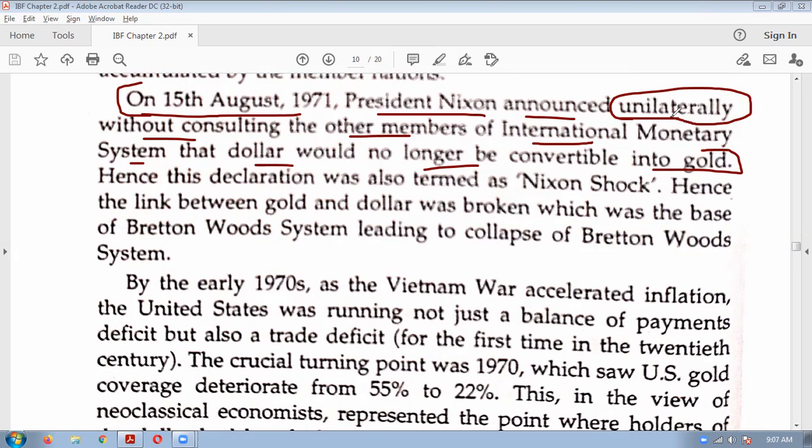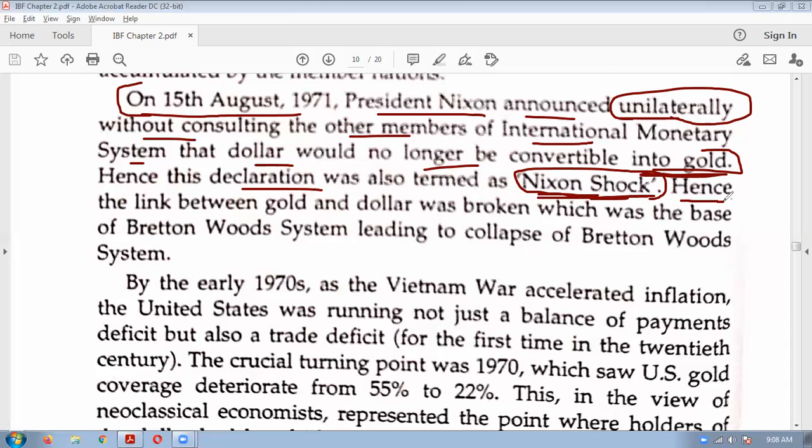He did not consult any of them. This is a very important announcement. This declaration is known as the Nixon shock. If a US president makes such an announcement suddenly, it becomes a shock to all the countries. That's what is called the Nixon shock.